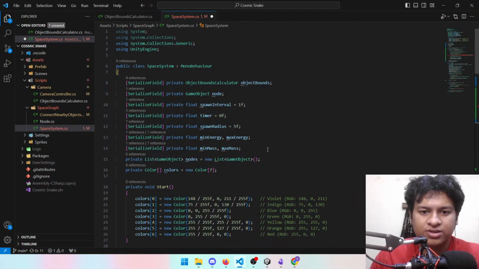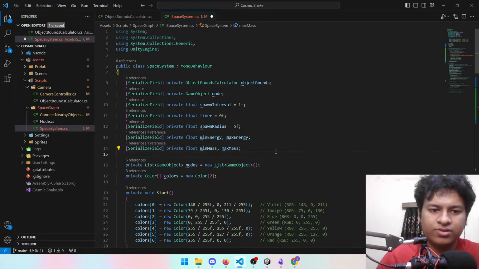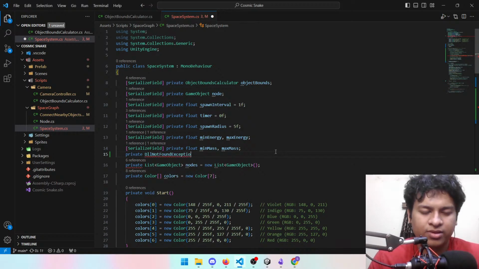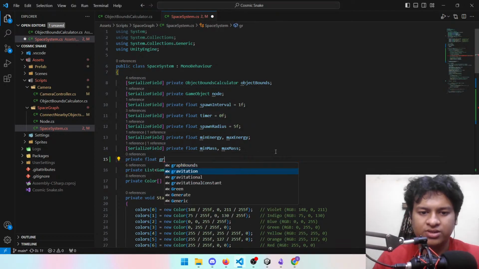Gravitational constant. I think it would work out. Like the code makes sense. I don't know if it would work with everything though. But it makes sense. I will float gravitational constant.